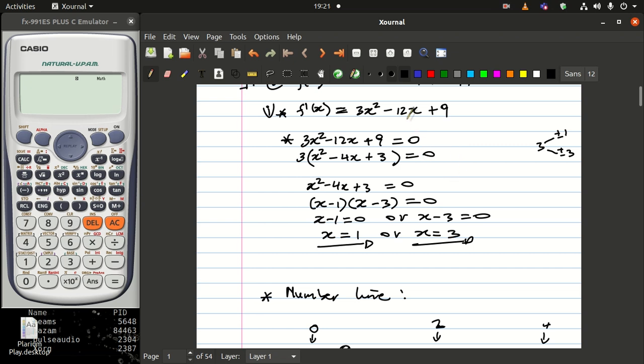Bear in mind that this is just the same as 3 times x minus 1, and then here I'm going to have x minus a 3. This and that are the same thing, because that's how we ended up factorizing it.